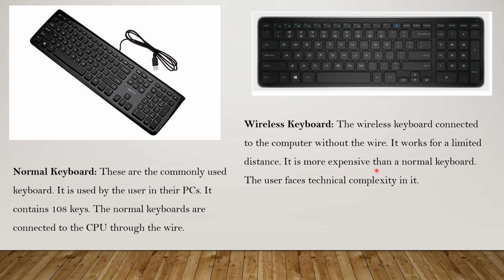It is more expensive than a normal keyboard and the user faces technical complexity, because if we are not sitting in front of our PC and the network is lost, then we cannot type anything. So these are the two types of keyboards used.